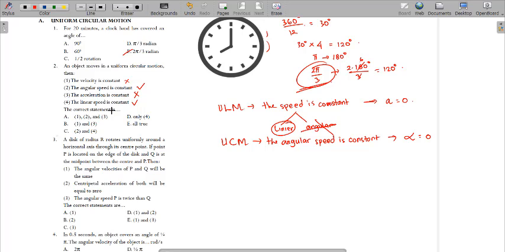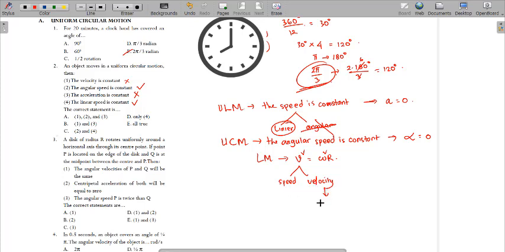Why is it constant? Because linear speed is v, that is omega times r. If omega is constant, then v is also constant. But which v? Speed or velocity? Don't forget, be careful. You have speed and also velocity. What is the difference between those?